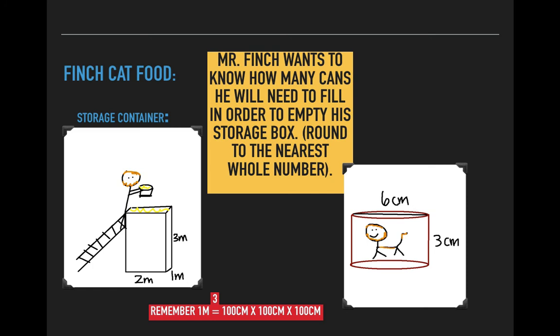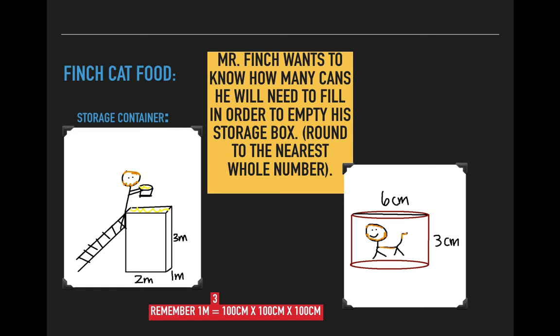Also another trick, ladies and gentlemen: 1 meter cubed is equal to 1 million centimeters cubed. Let me explain this. If you have a cube, and this is 1 meter, 1 meter is equal to 100 centimeters.